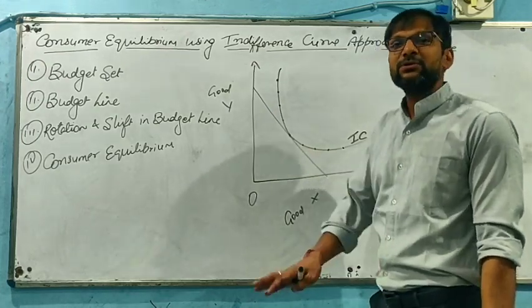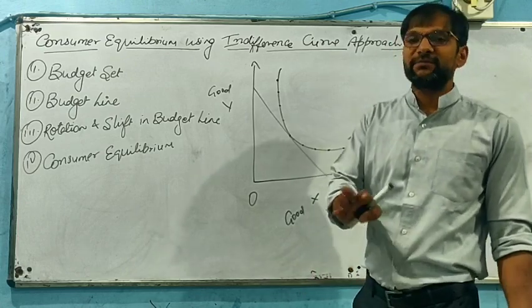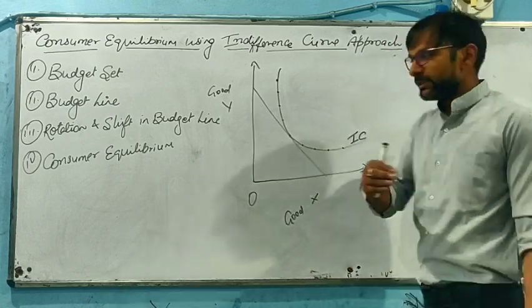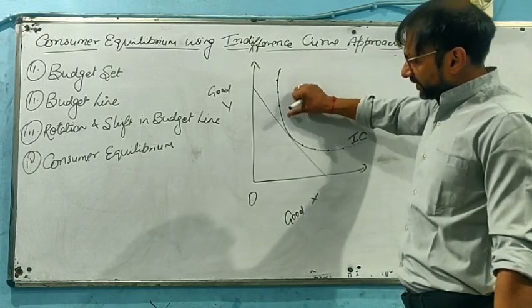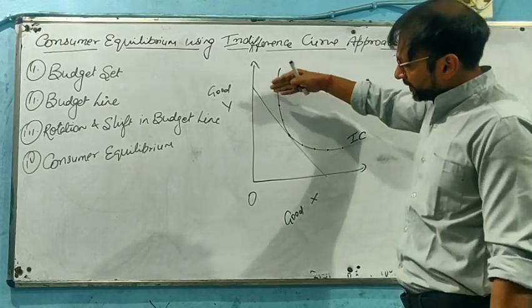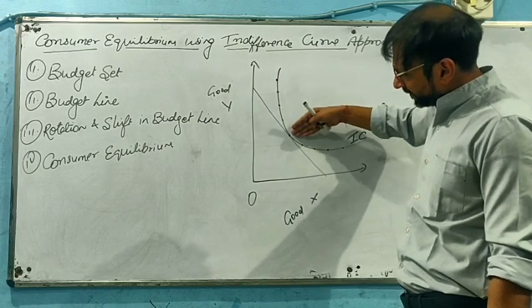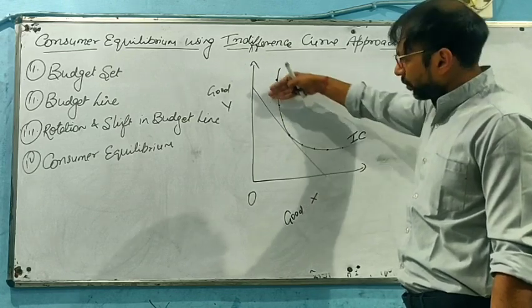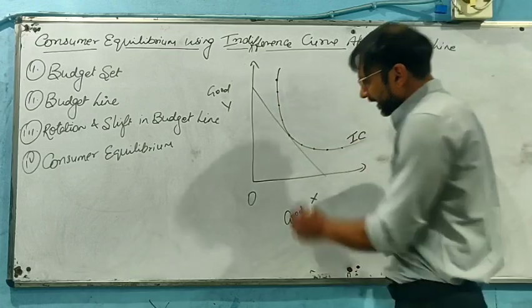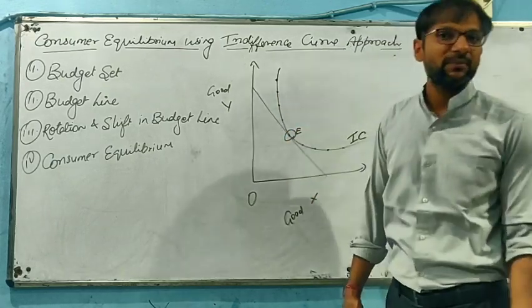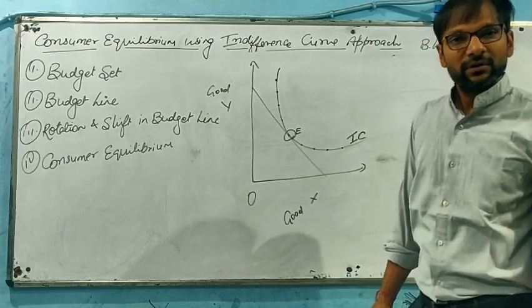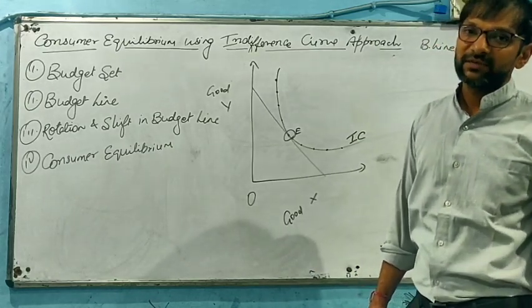The consumer is obtaining the maximum satisfaction. I repeat once again, if the same amount of satisfaction is being derived by utilizing the entire income of a consumer, at this point we will say the consumer is in a state of equilibrium or maximum satisfaction.